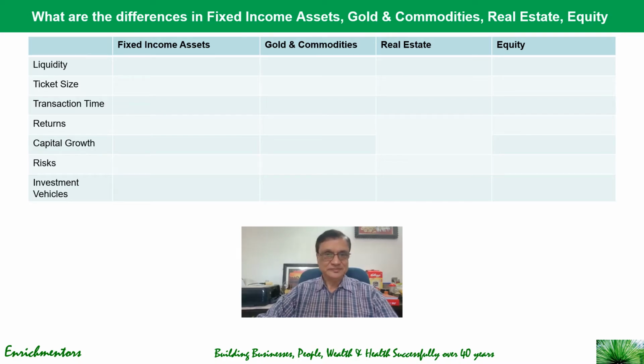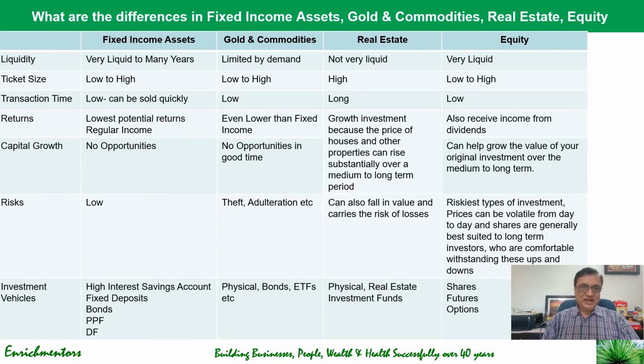So if you look at each of these parameters among these four broad categories of financial assets, you see fixed income assets are very liquid. You could invest in liquid debt funds where you could easily sell the next day, or you could invest in fixed deposits for many years, 5 years, or a government bond for 15 years.